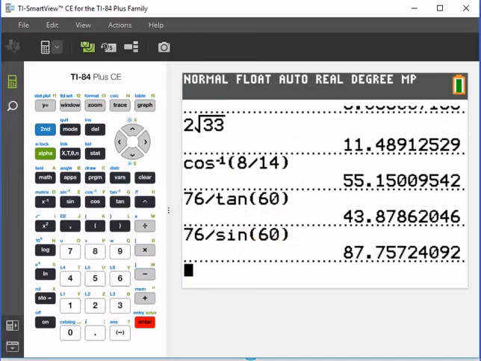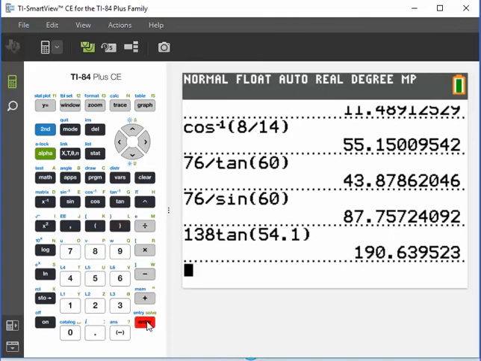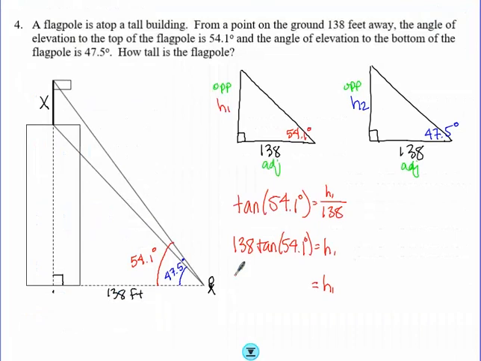So if I plug that in the calculator, I get 190.640 feet. And then I'm going to do the same thing with the second triangle. I still have tangent equals opposite over adjacent.